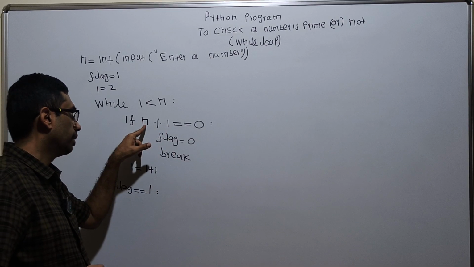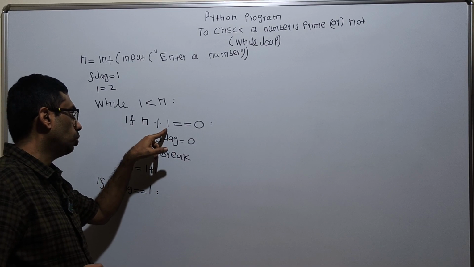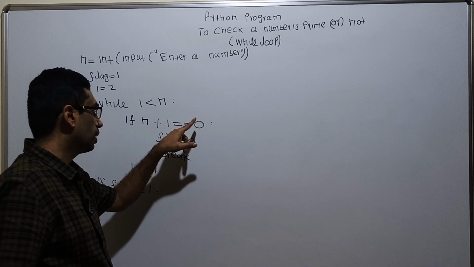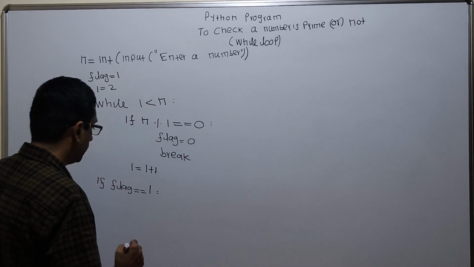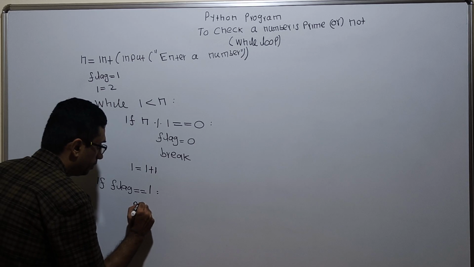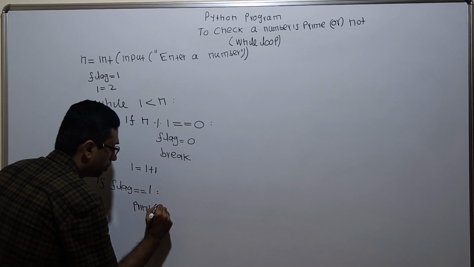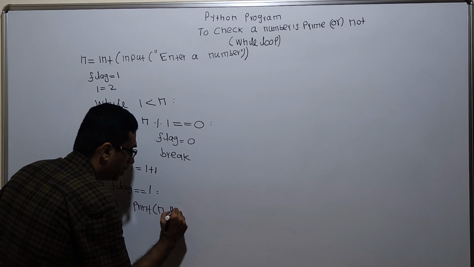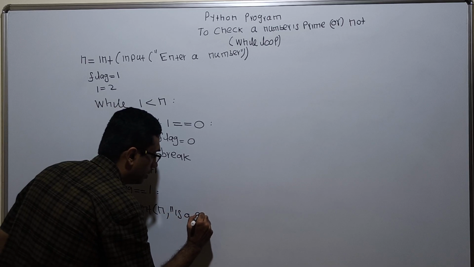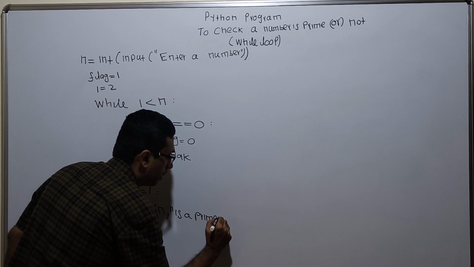When you divide the number n by 2 to n minus 1, the remainder is not 0. In this case, this is a prime number. I am printing the value of the variable n followed by the string "is a prime number".